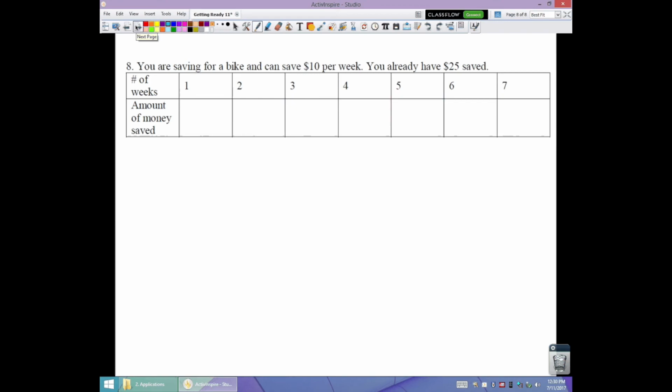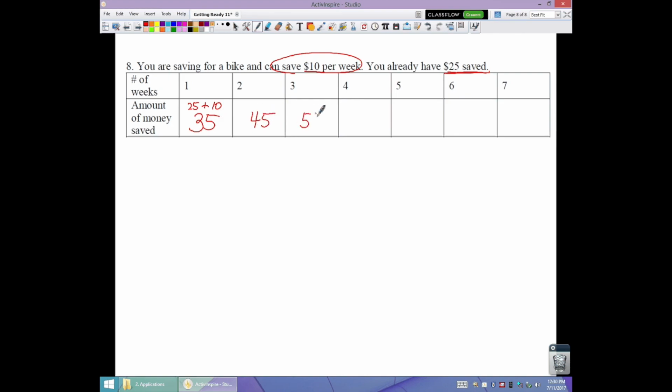And number 8, saving for a bike, I can save $10 per week. I already have 25. So after 1 week of saving, the amount I would have is the 25 that I originally started with plus 10 more. So after 1 week, I have $35. Second week, I save another 10, I'm at 45.